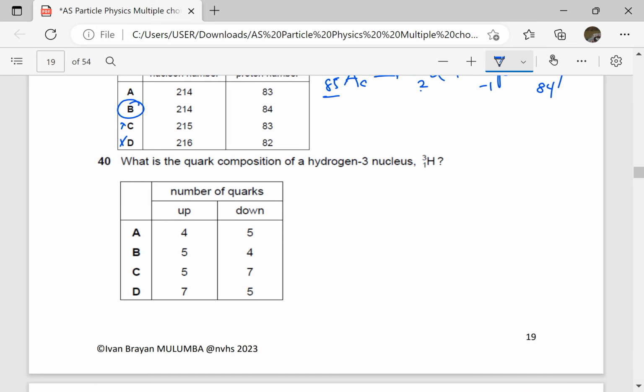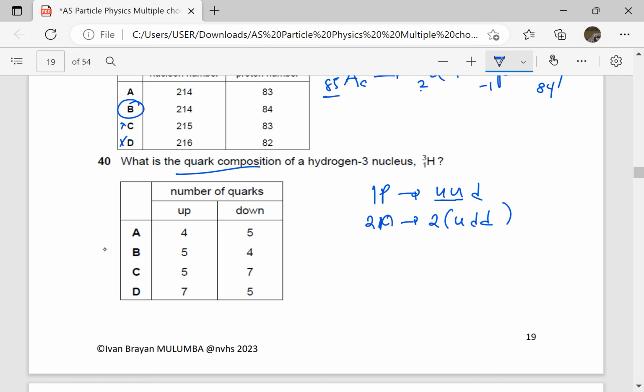What is the quark composition of a hydrogen-3 nucleus, H31? We have answered this. Quark composition, it has one proton, that is up, up, down. And then 3 minus 1, those are 2 neutrons, which is twice up, down, down.